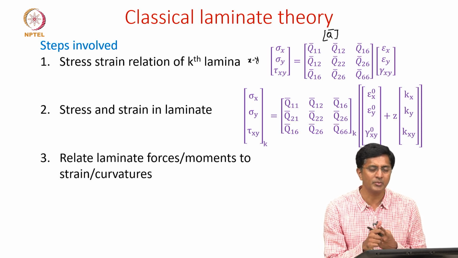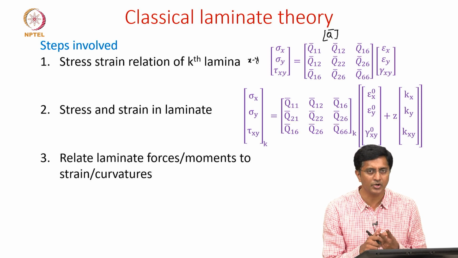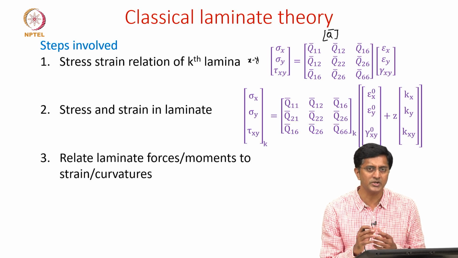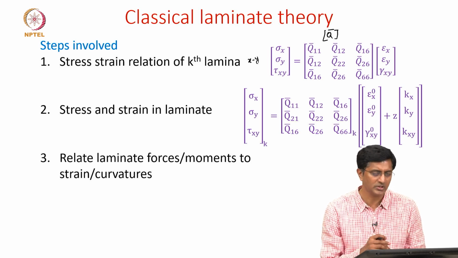We said it should remain perpendicular to the mid surface both before and after deformation, and lastly it should be of the same length before and after deformation. Using these three hypotheses, we were able to show the relation between the strain and the displacement, and finally the relation between the stress and strain.